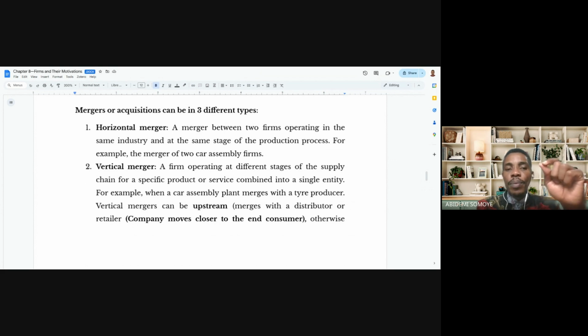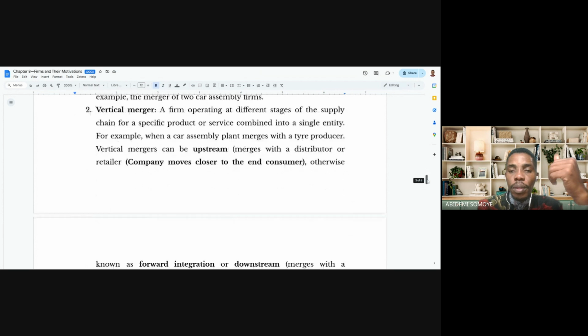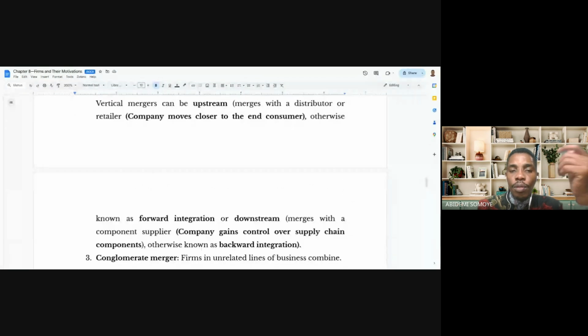So, for example, if Tesla merges with, let's say, a car dealer, and they begin to put their cars in such a showroom, their goal is to be able to meet directly those end consumers. That's why I said the company moves closer to the end consumer. You see, it merges upstream with the distributor or retailer for the purpose of moving closer to the end consumers. This is otherwise known as forward integration.